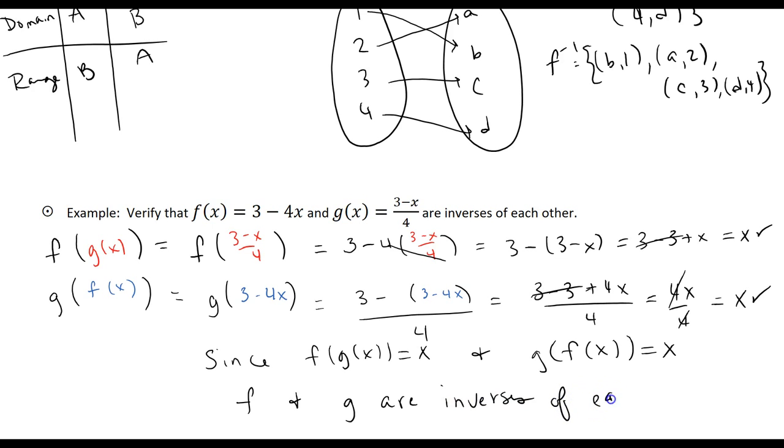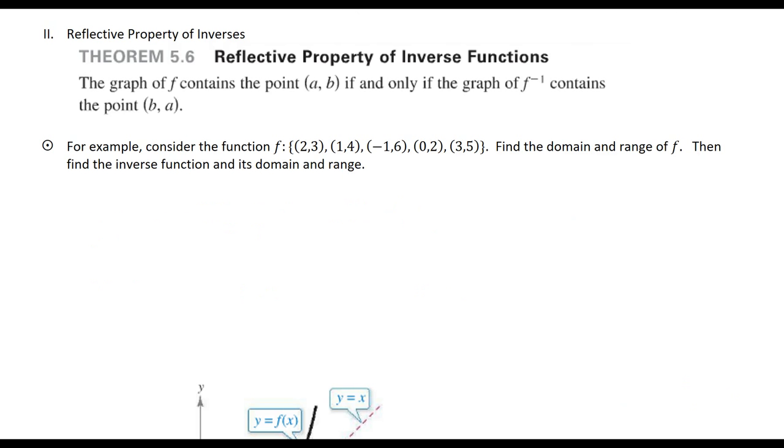The reflective property of inverse functions says that the graph of f contains the point (a, b) if and only if the graph of f inverse contains the point (b, a). So if you have the function f, which is the ordered pairs (2, 3), (1, 4), (-1, 6), (0, 2), and (3, 5), if I want to find the domain and range of f, so for f, the domain is a set of all x values, and I am going to try and put them in order.